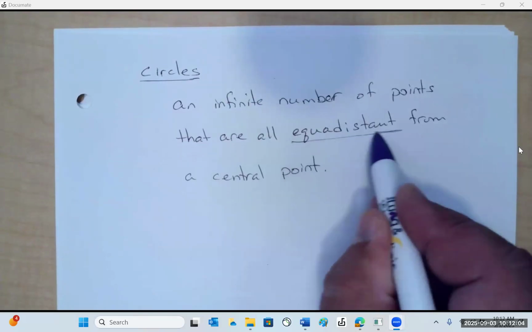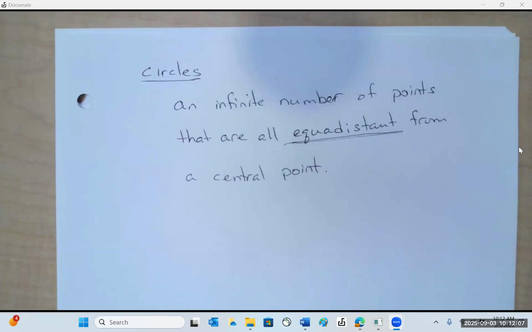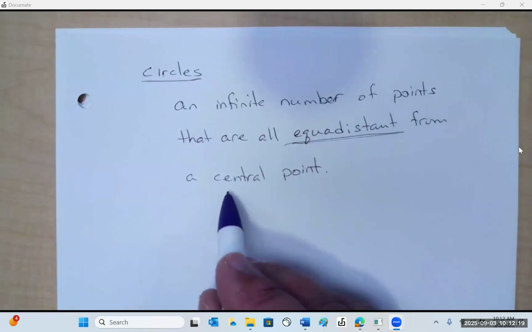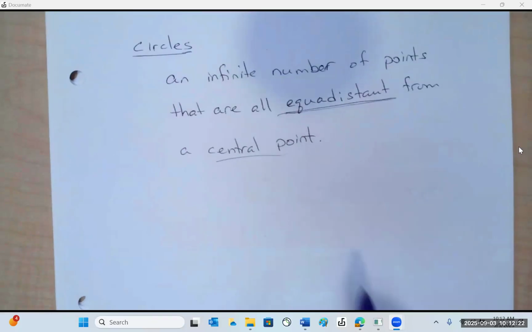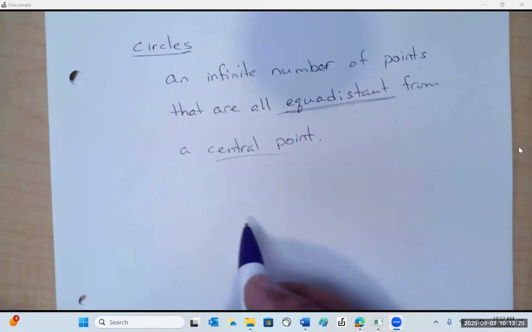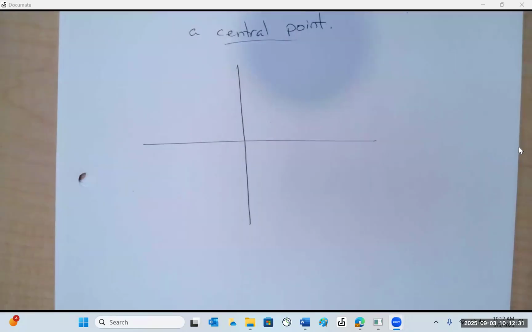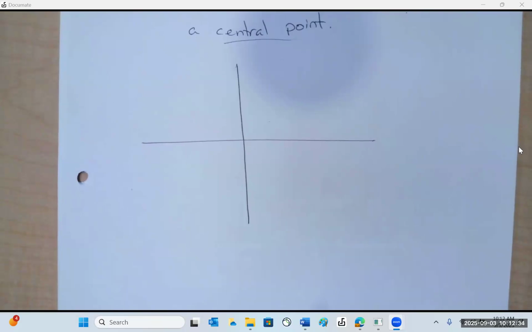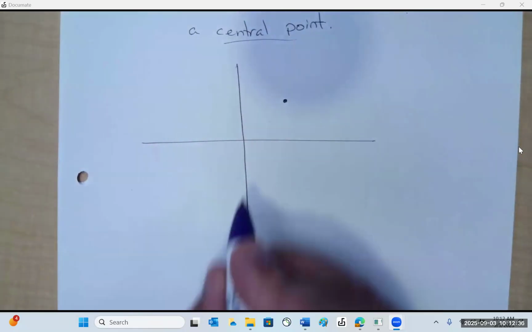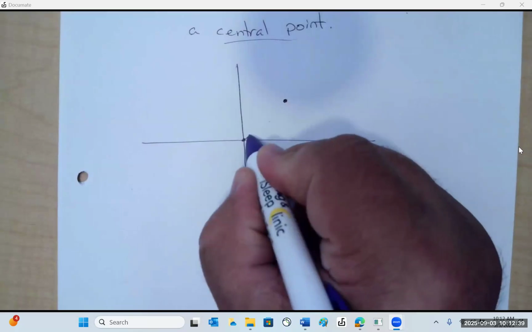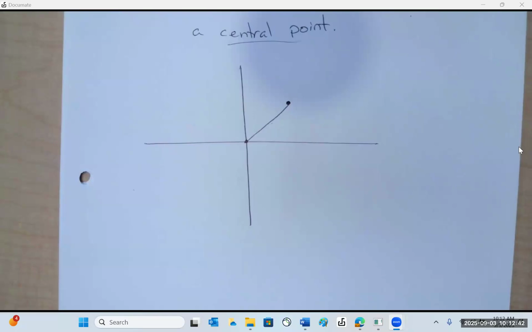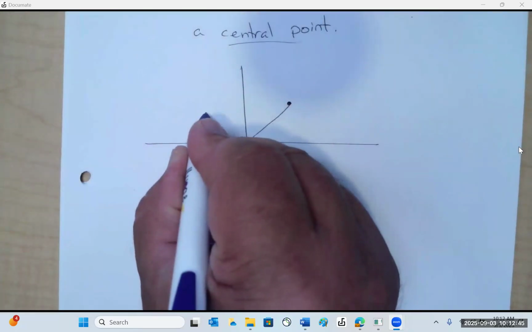Equidistant. What does that mean? Yeah, they're all the same distance. Equidistant means they're all the same distance from a central point, which is a center. So if you think about it, we have a point. This is our center. This is equidistant to that one.